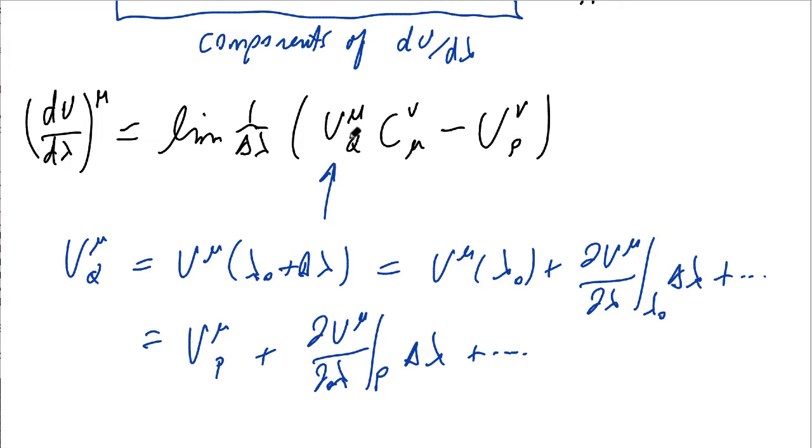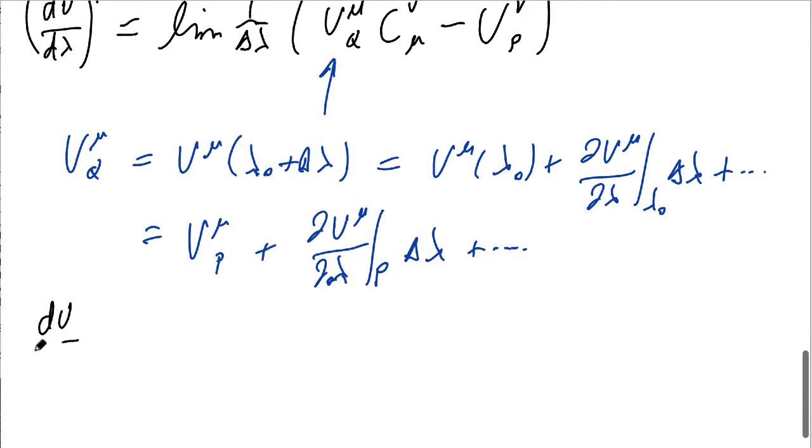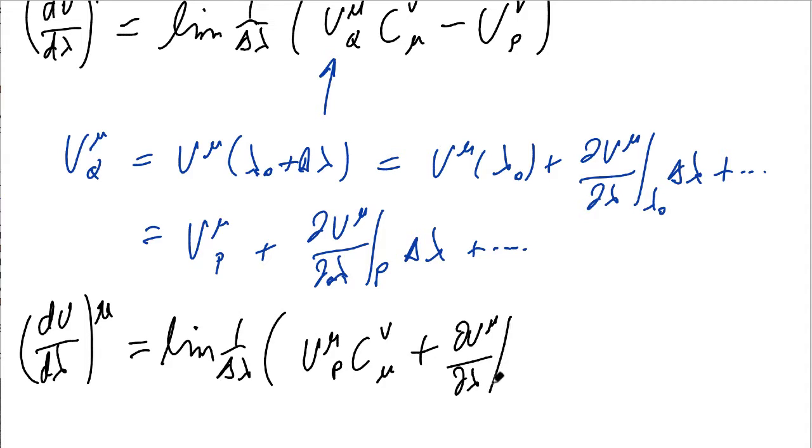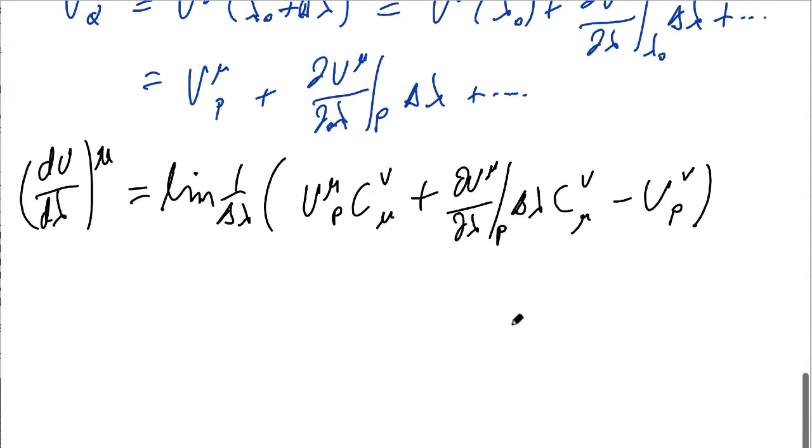If we put that in for V^μ(Q), what we find is the components of dV/dλ are the limit of V^μ(P) times C^ν_μ plus ∂V^μ/∂λ at point P times Δλ times C^ν_μ, minus V^ν(P).